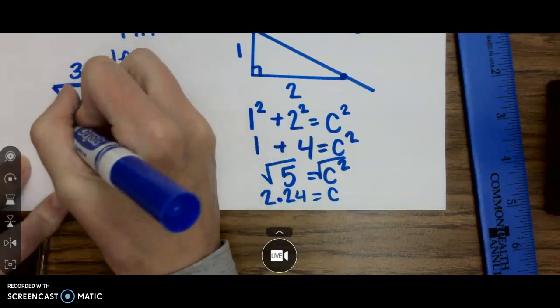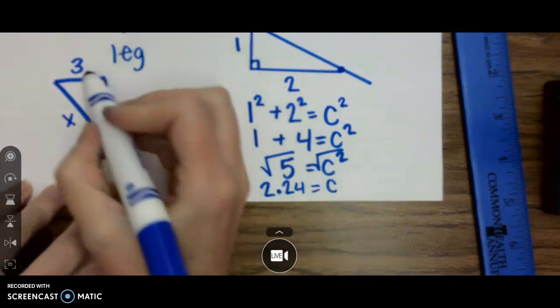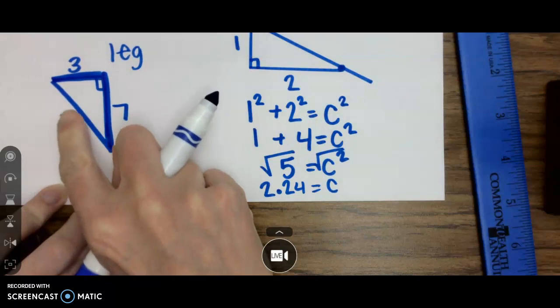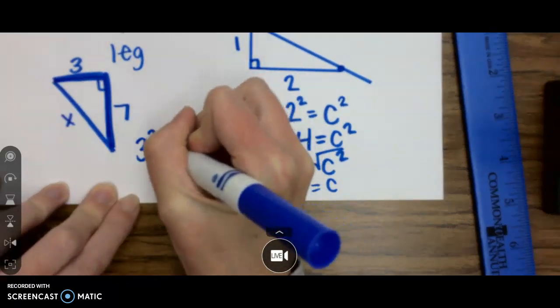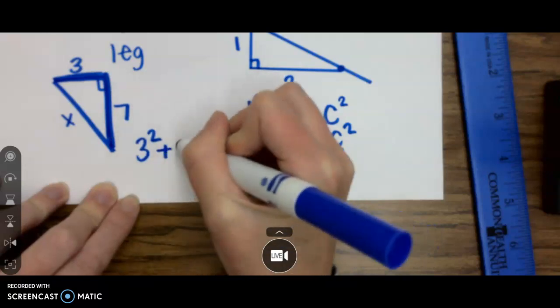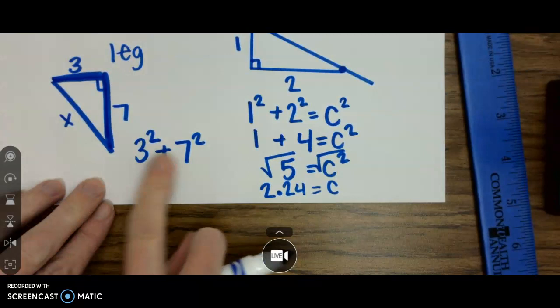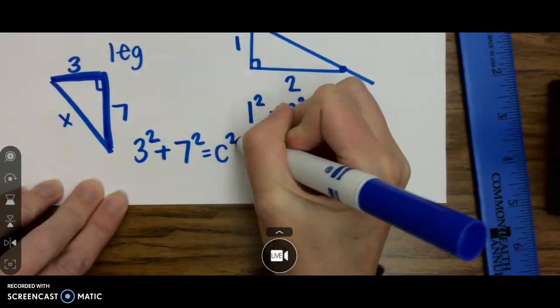And then we don't know this one. All right, so according to the Pythagorean Theorem, a squared plus b squared equals c squared. So we'll say a maybe is 3, b is 7. So again, we're taking our two legs and we're squaring both of those numbers. That equals c squared.